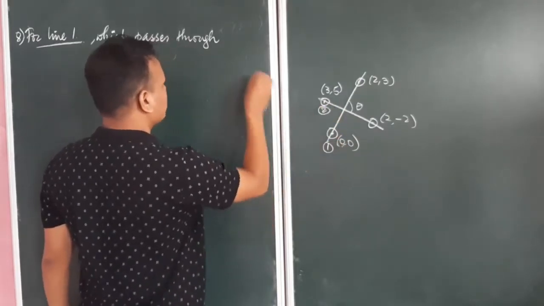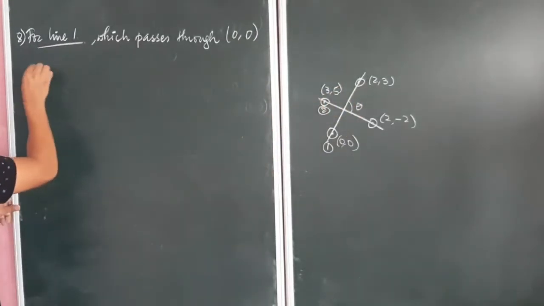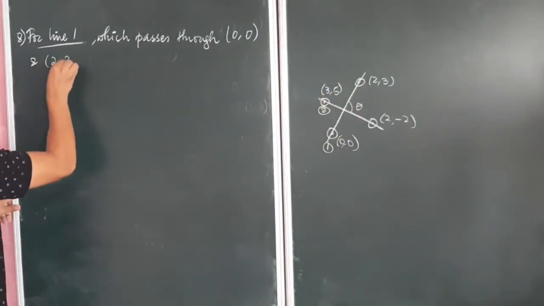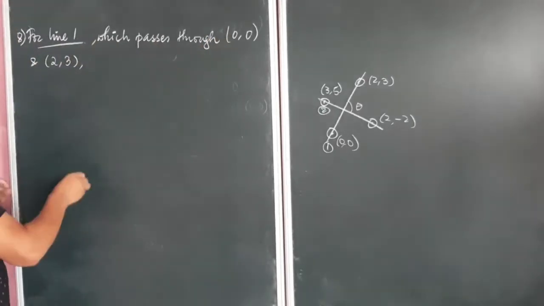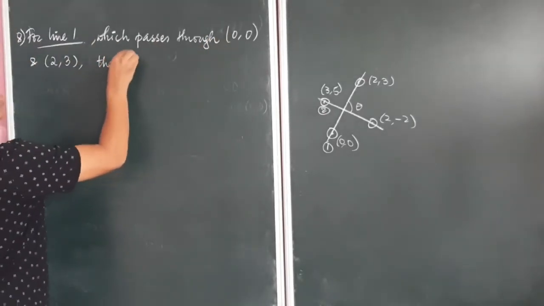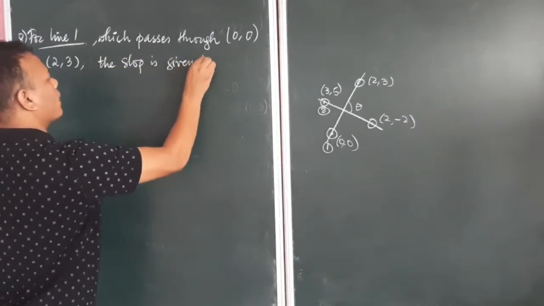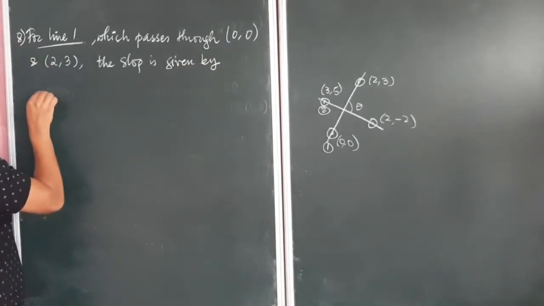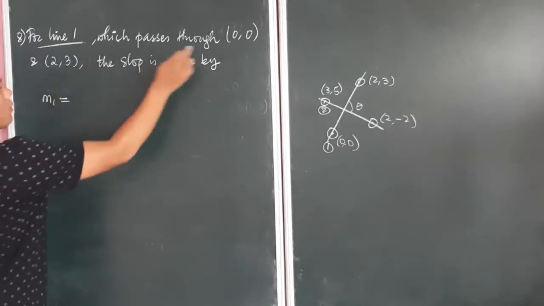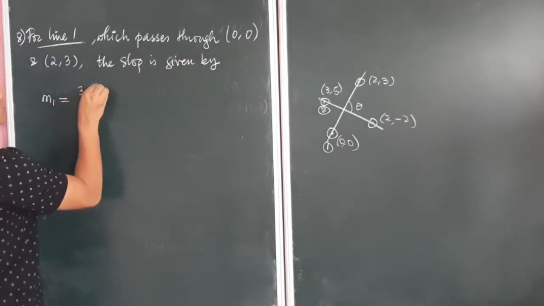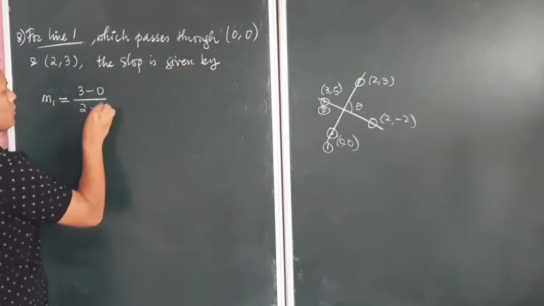Line 1 passes through (0, 0) and (2, 3). For line 1, the slope m1 will be equal to y2 minus y1 over x2 minus x1, so 3 minus 0 divided by 2 minus 0.